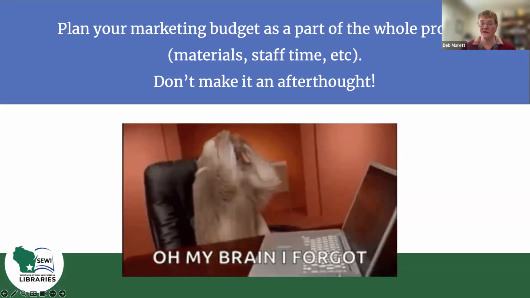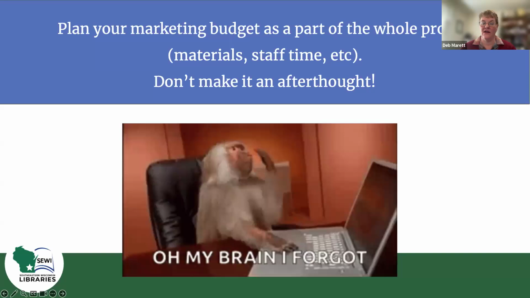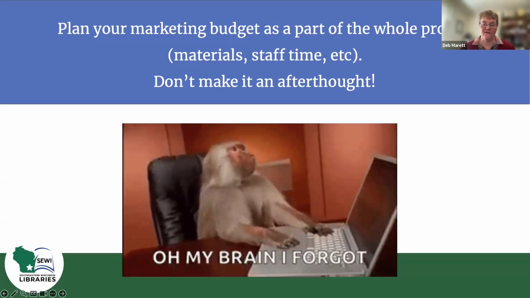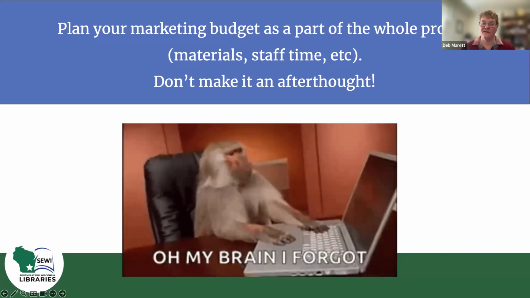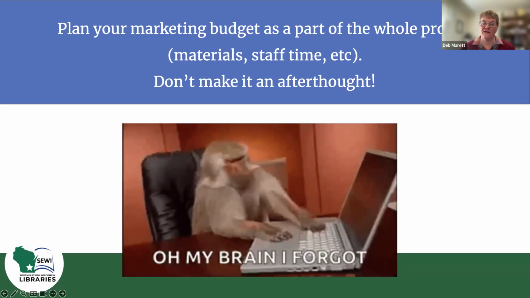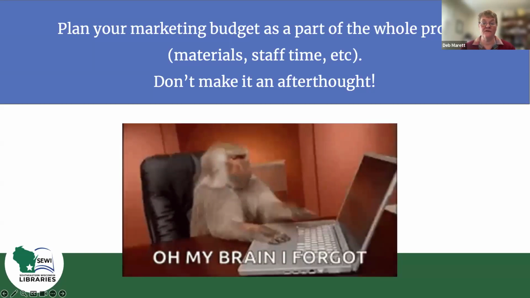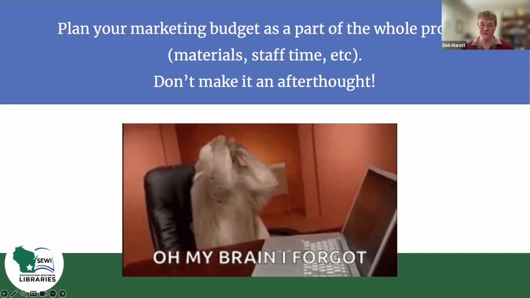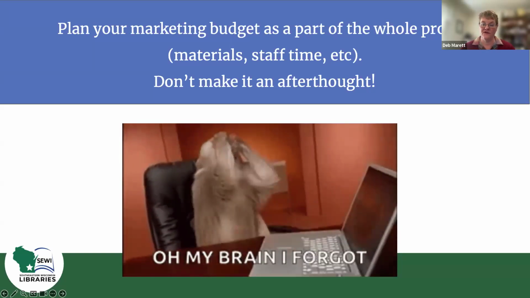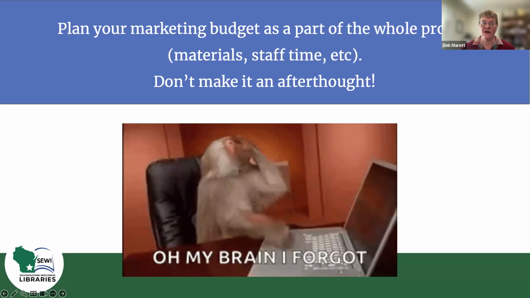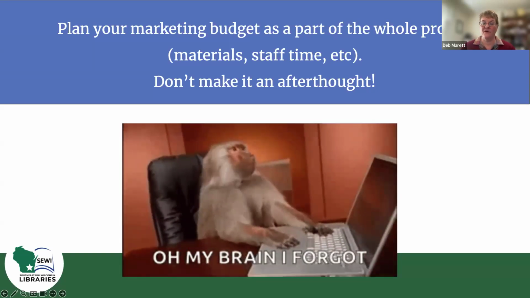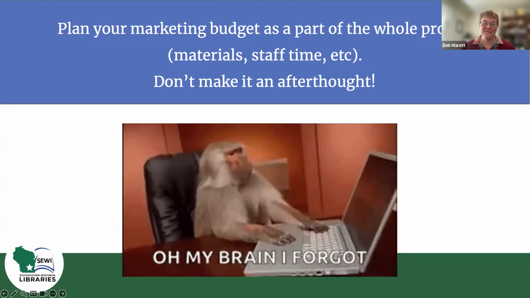You need to plan a little bit of that for marketing, even if it's a very small amount. Give yourself something to work with and build it right into the budget from the start, especially if you're putting together a budget and then you have to present it for approval. Put some marketing into it right from the start, because otherwise, very well, it's just going to be gone, right?